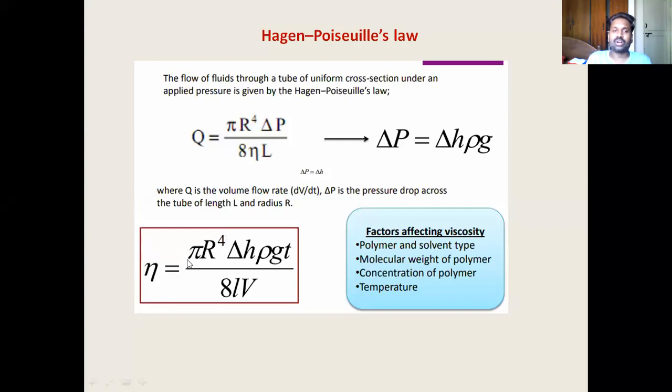The viscosity is equal to pi R4 delta P t over 8 L V. You need not understand all terms in detail. It's fine because it's a law that has existed for a long time, used extensively to calculate viscosity, where V is basically the flow rate, and delta P is the pressure drop across the tube of length L and radius R. Okay, fine.